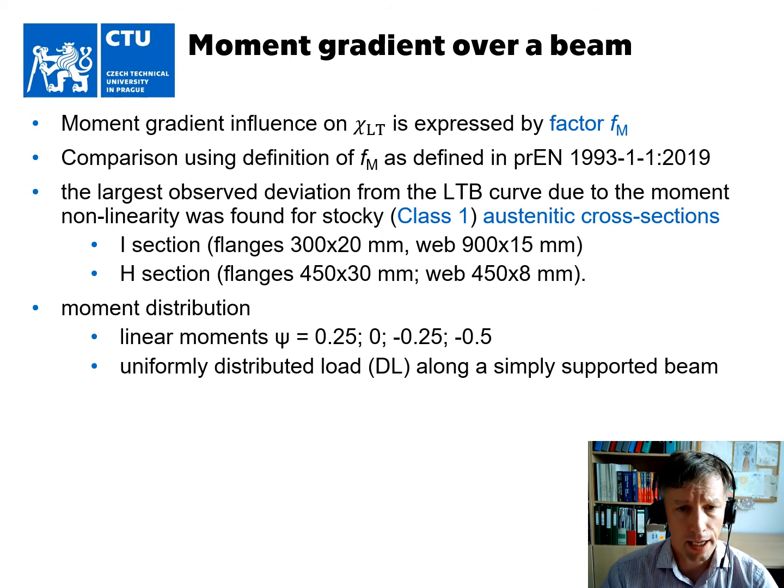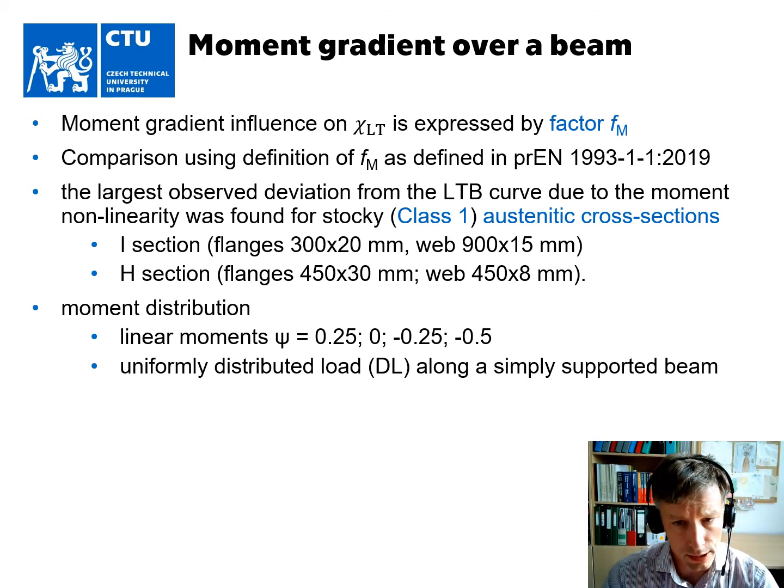Later, we included a smaller study on moment gradient influence on the reduction factor χLT. It is now expressed by factor fm in the pre-Eurocode 3 1-1. So that's the formula which was used. We've made a smaller study at first to see where the formula may lead possibly to some unsafe results.